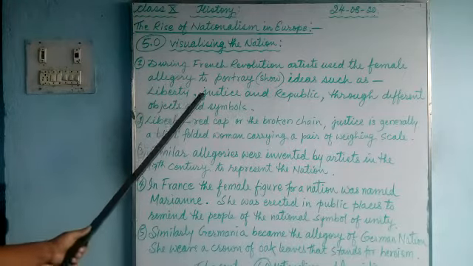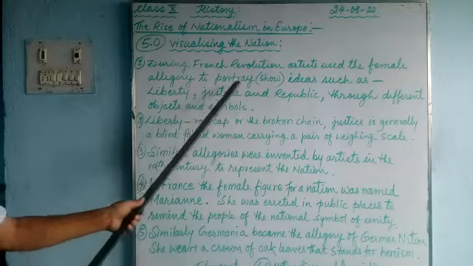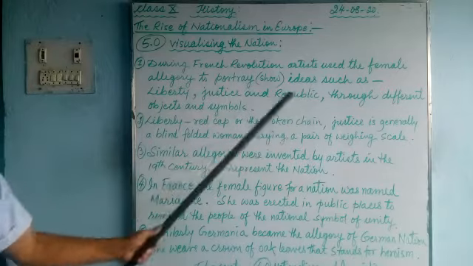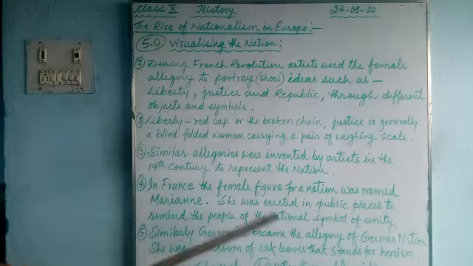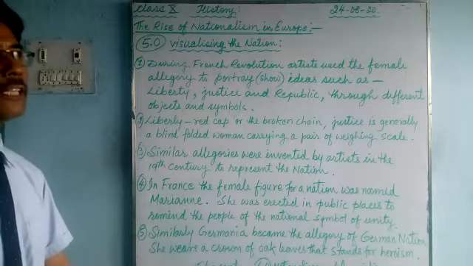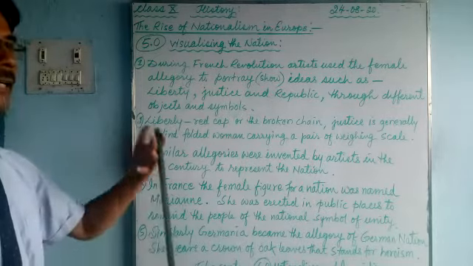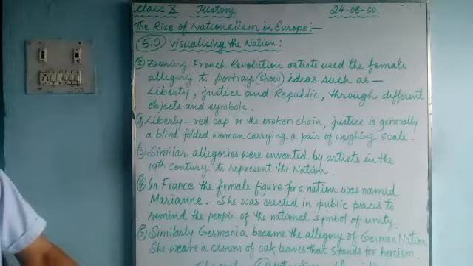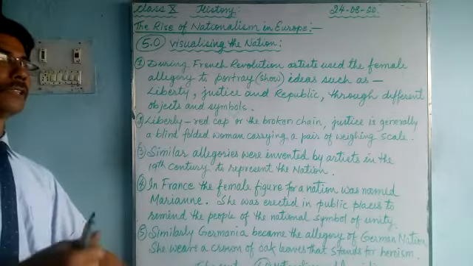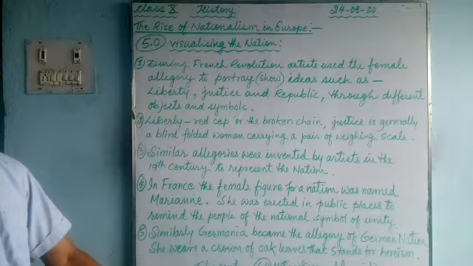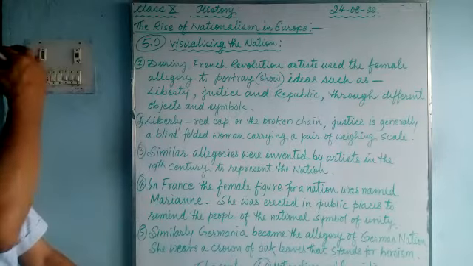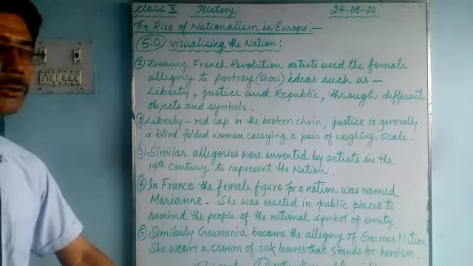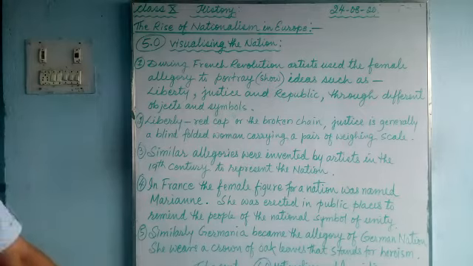That is called allegory: liberty, justice and republic, through different objects and symbols. Liberty is the red cap and broken chains, and justice is a female figure with a weighing scale in one hand and blindfolded eyes. These are symbols to spread various ideas.